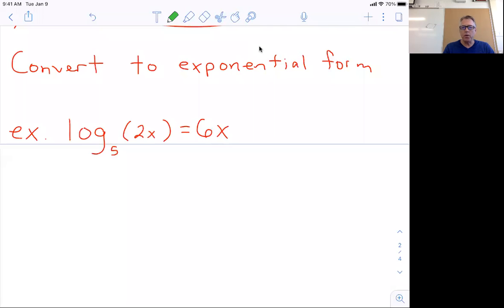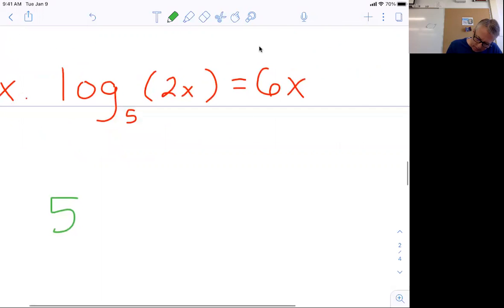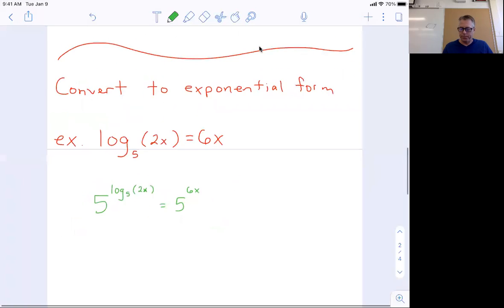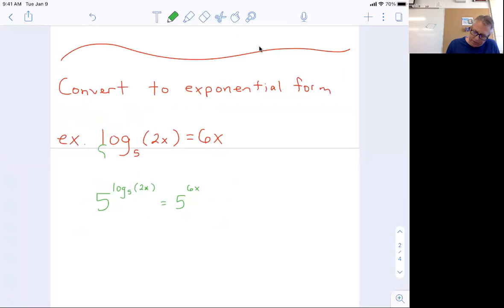So for example, if this is an equation, what I can do is take 5 to this power and 5 to that power. So I'll write it out. I'm doing 5 to the power of log base 5 of 2x is equal to 5 to the 6x. I just did 5 to that power and 5 to that power.